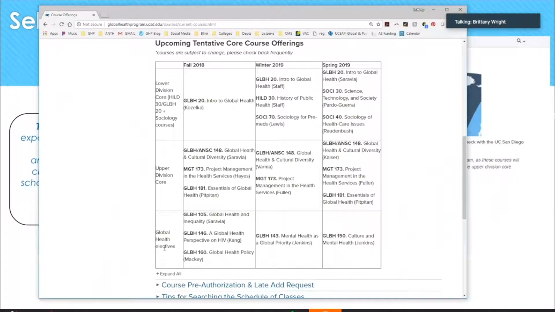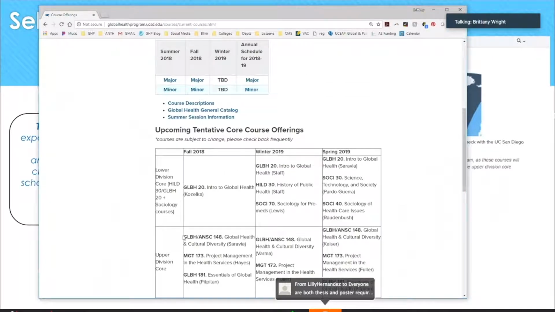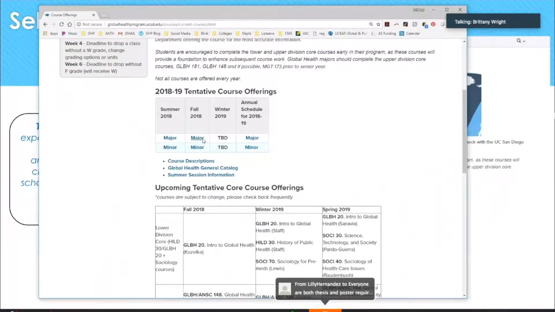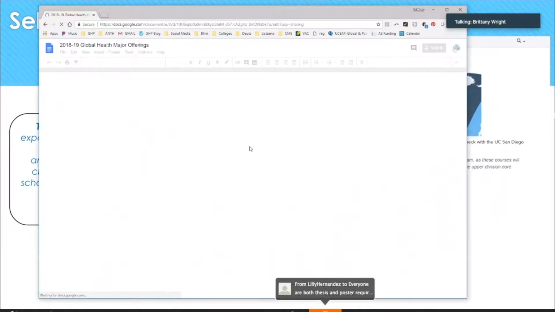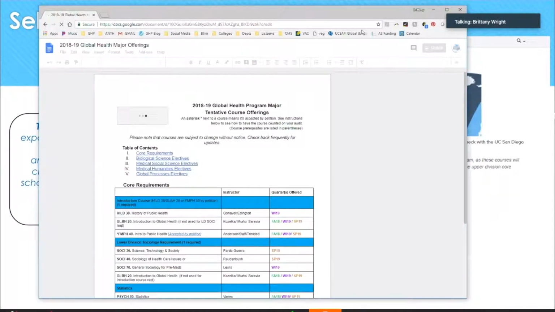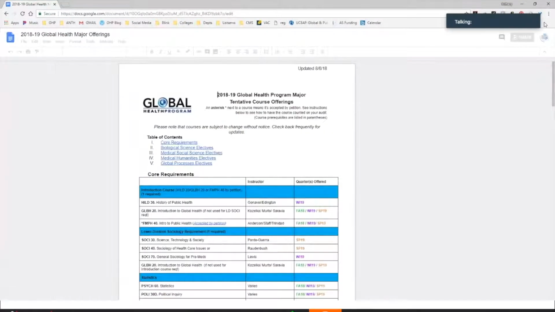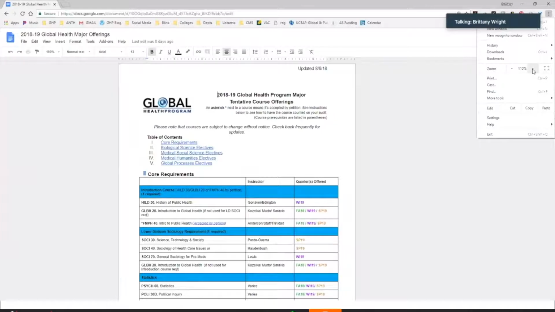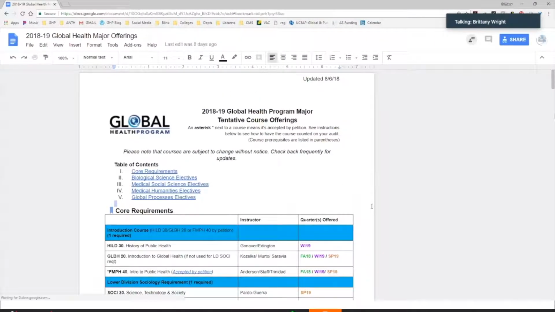We also have some of our own department Global Health electives, and those are just a few of what you can take, but if you look at the annual schedule, you don't have to just take them from Global Health. There's many ways to do it. If you have more interest in psychology, you can diversify that.